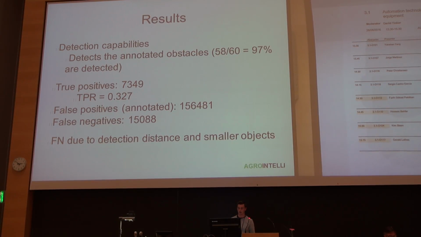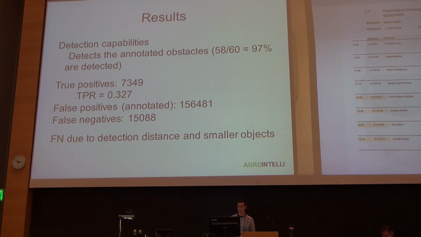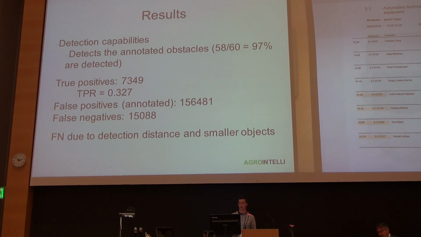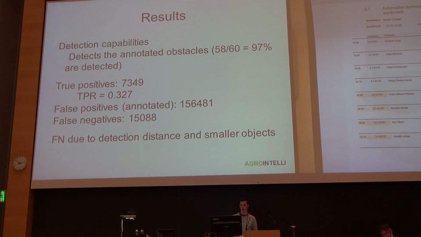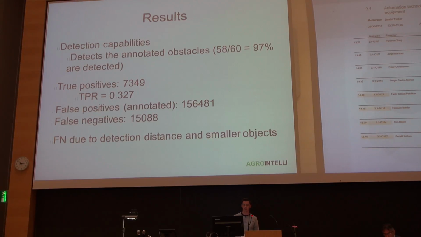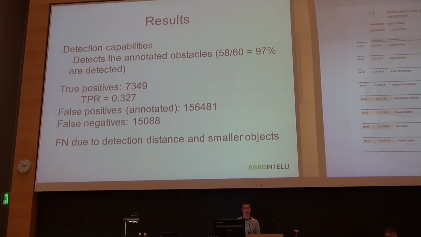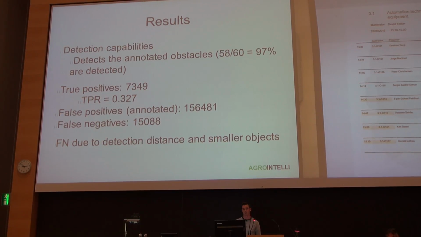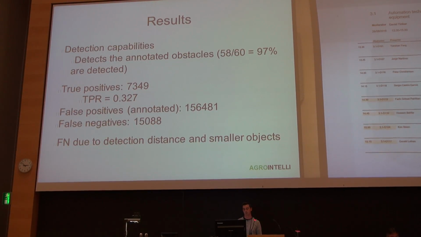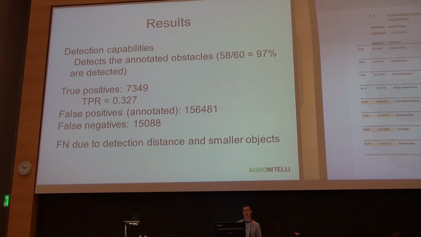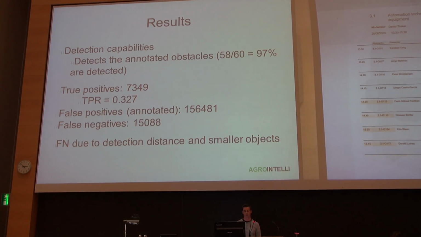We have a lot of false positives, and that's mainly due to the fact that we are detecting the shelter belts and the grass beside the field as a false detection. And that's true in the sense that it's not an obstacle that we have marked in the field, but it's not a false detection regarding, it's still a novel part which is not supposed to be in the field, which it isn't.